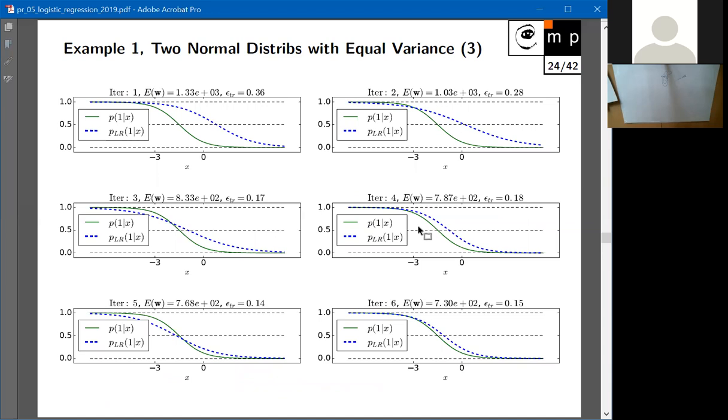So now we start to iterate, and our training error is dropping. What is guaranteed to be dropping is not the training error, but this energy, because the energy is minimized on a convex function using gradient descent, and we are just accepting steps which are reducing the energy.